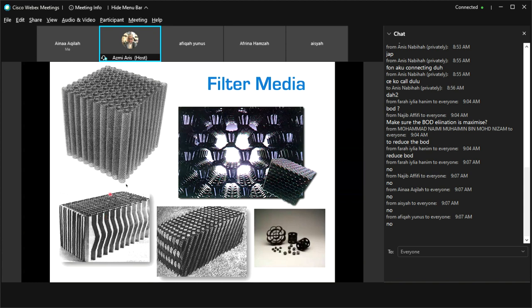But do the stones filter the wastewater? Is there any filtration process taking place, like you have in a sand filter in water treatment? The answer is no. There is no filtration process in trickling.